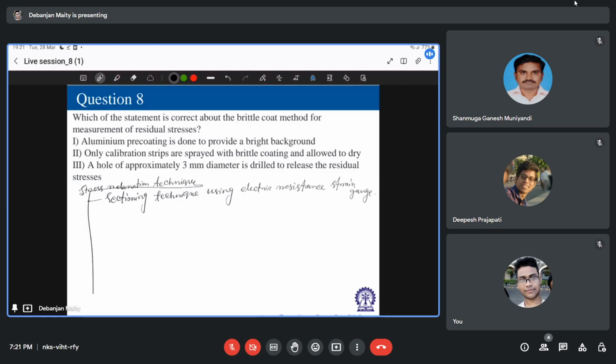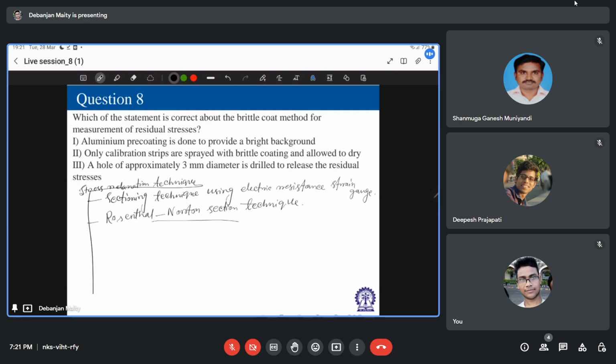This comes under the stress relaxation technique, and then there can be something called the Rosenthal-Norton section technique.